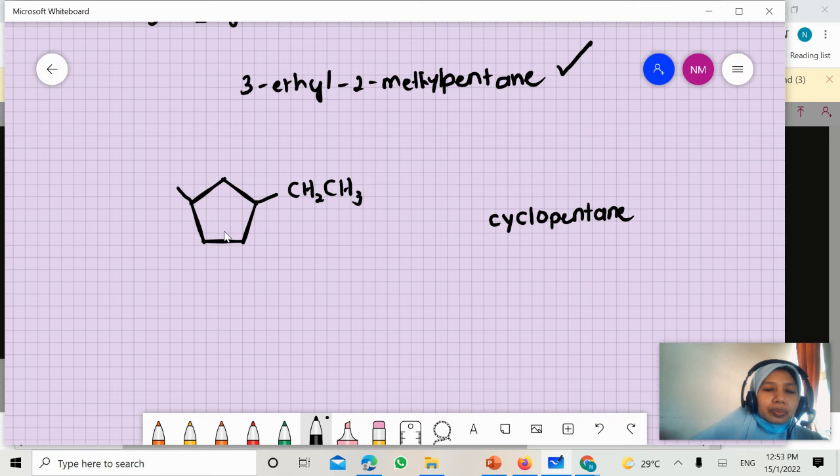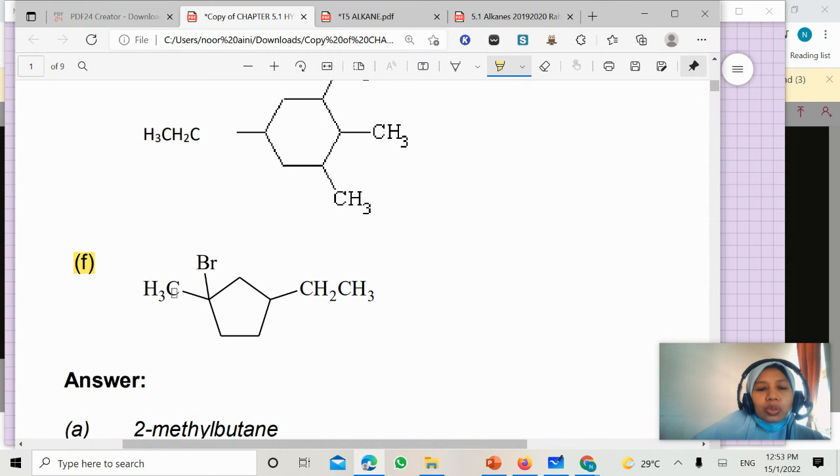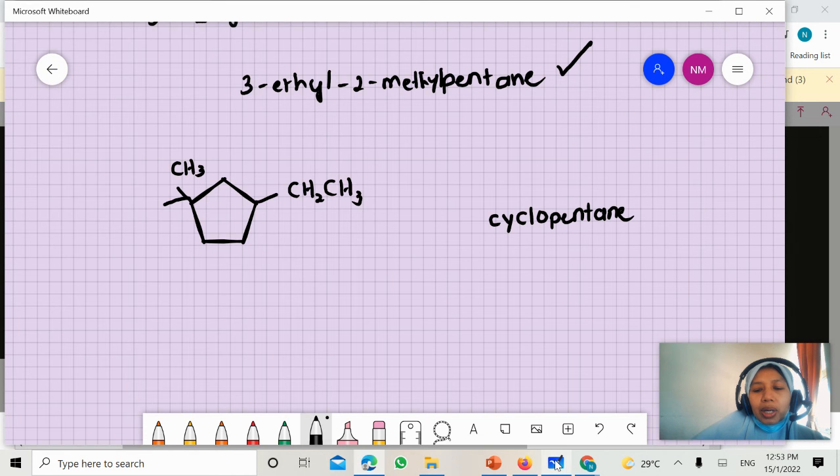Okay. And the substituents ada only 1 carbon here and ini ada 2 sahaja. Right. This one is Br. This is 1 carbon and ini ada 2 carbons. Therefore, dia kalah. Siapa menang? 5.